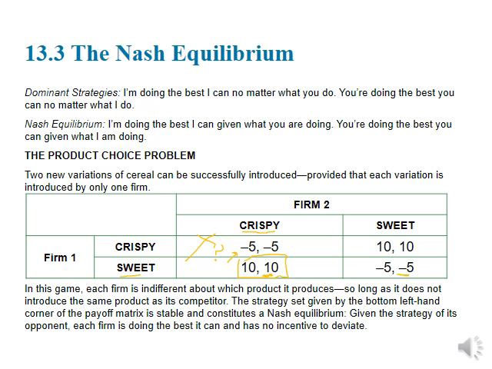The strategy sweet crispy is a mutual best response and a Nash equilibrium. NEQ, Nash equilibrium. We'll also see that the outcome crispy sweet is the same thing. No one has incentive to deviate. This is a mutual best response and a Nash equilibrium.